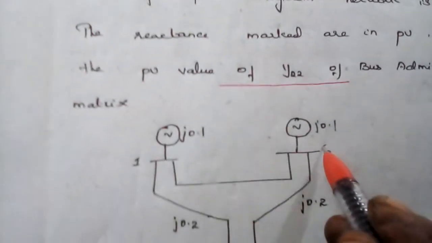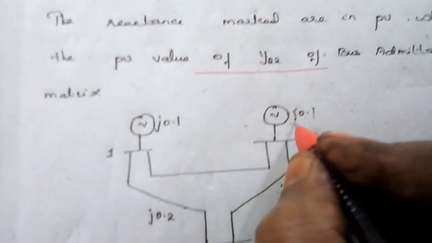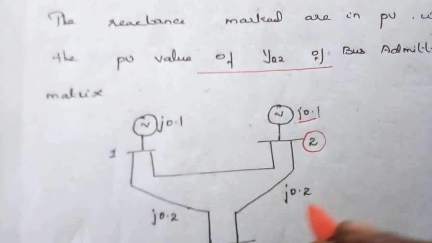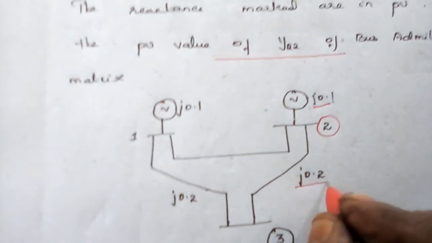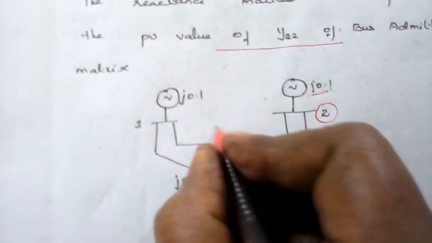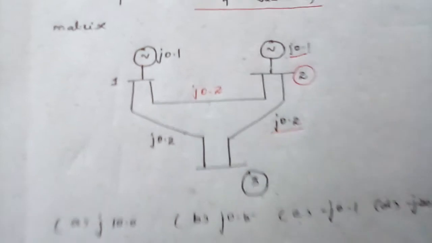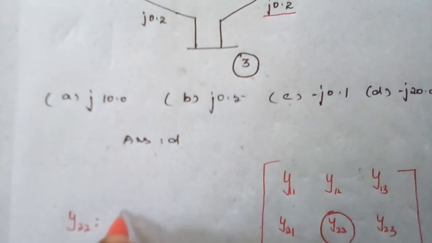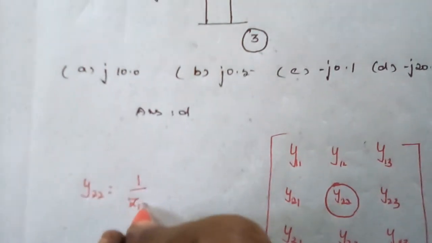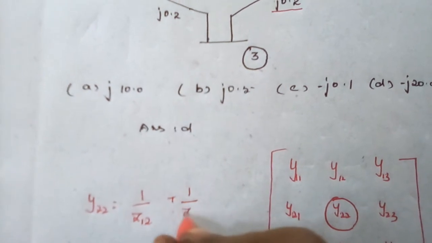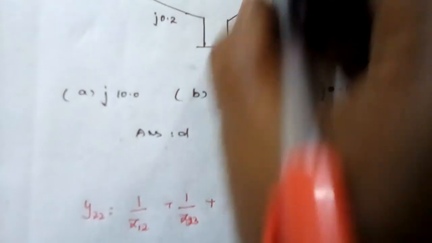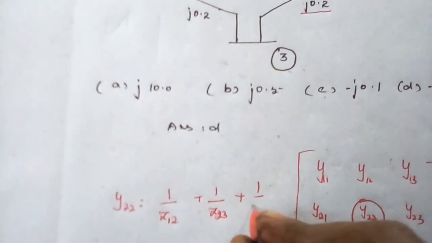And consider the sample system. In the sample system, at bus 2, the j 0.1 value is connected towards bus 1, and this value is connected to bus 2, and similarly this value is also j 0.2. This value is also connected to this, right? So y22 is equal to 1 divided by z12 plus 1 divided by z23 plus 1 divided by its self-impedance, right?